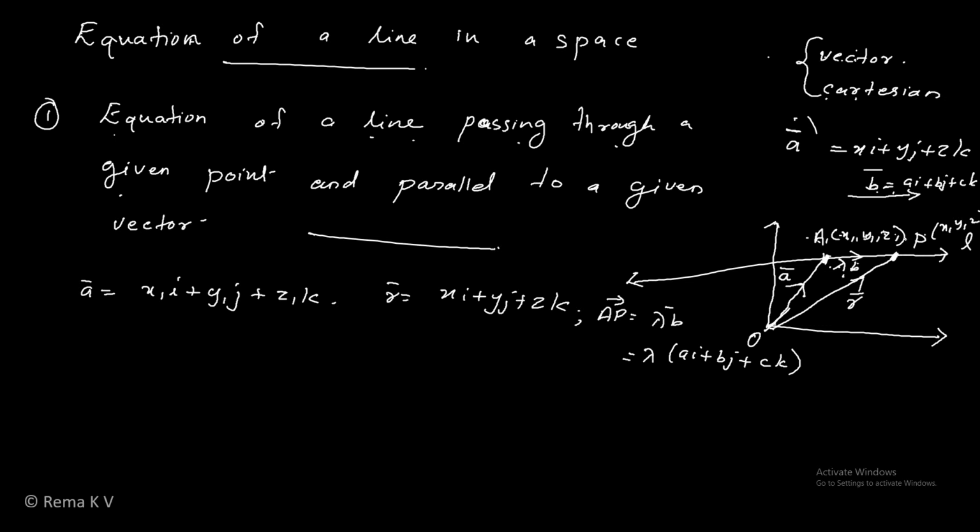Then a general point is considered here, which is P, with coordinates x, y, z. So the position vector is taken as R. Whenever we consider a general or arbitrary point, its position vector is to be considered as R. This is equal to xi plus yj plus zk. And a vector which is parallel to the given line is to be taken as ai plus bj plus ck. Is this clear?